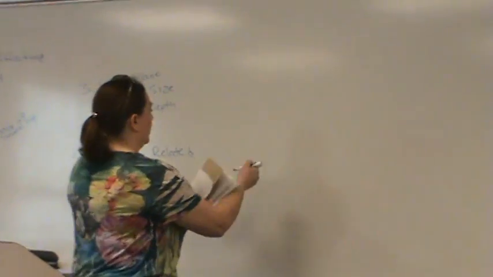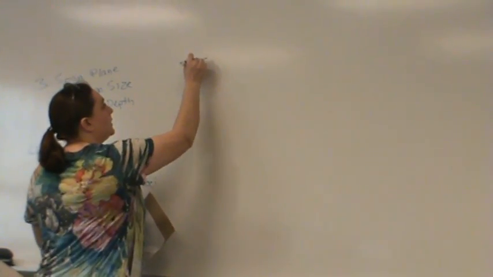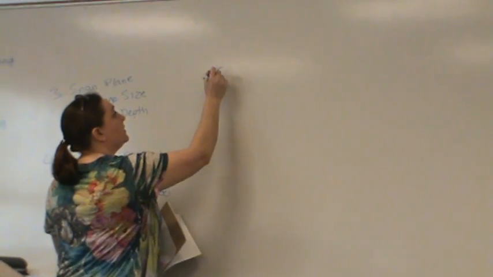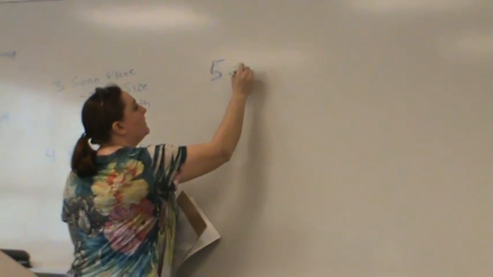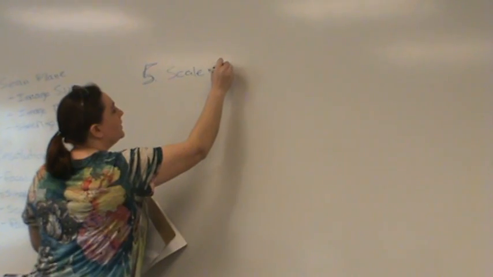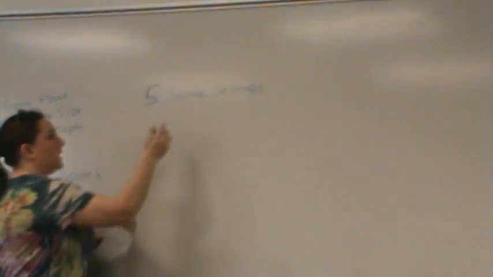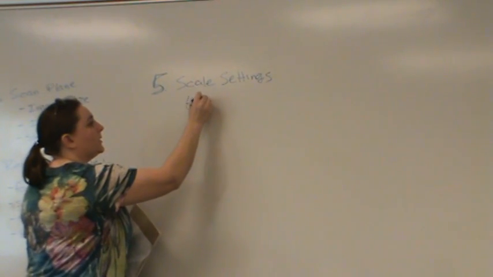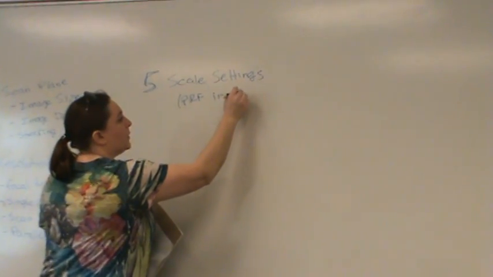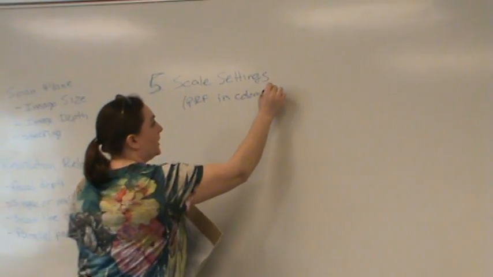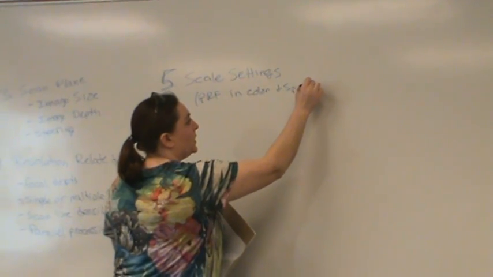A couple more. The next one, that's supposed to be a 5. That's a lovely looking 5. Scale settings, this would be related to Doppler. Remember that the scale in color and spectral Doppler is really the PRF.